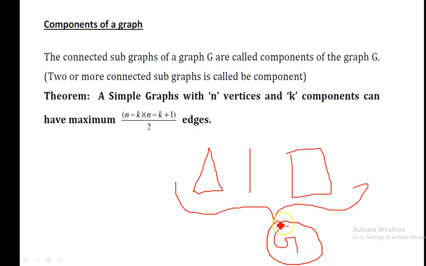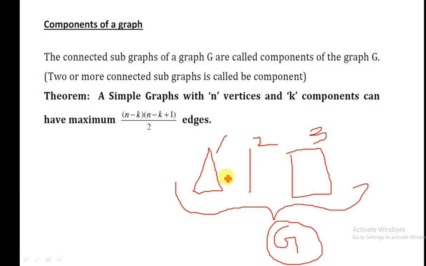How many components are in the graph? 1, 2, 3 components. In a simple definition, a maximal connected subgraph of a graph is called a component of the graph.